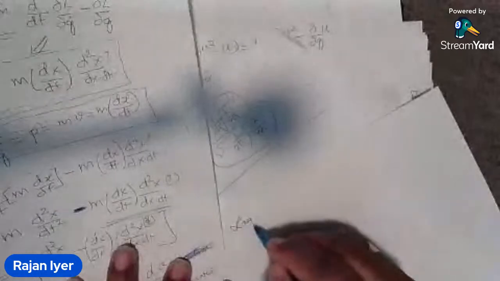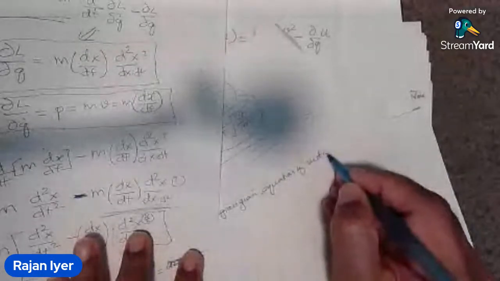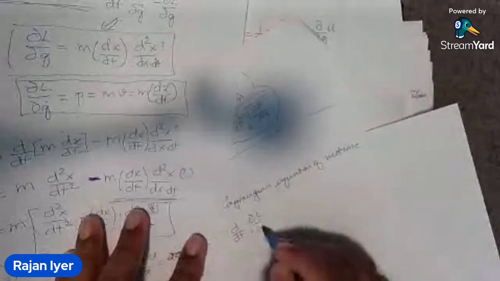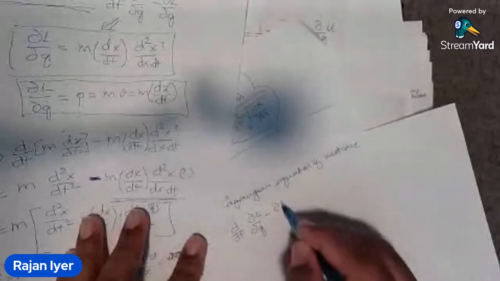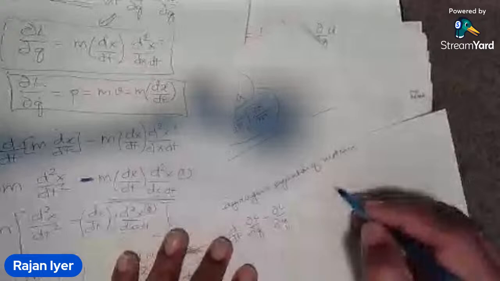So the final equation, I call it the Lagrangian equation of motion. I think once we figure it out, we can understand a little more about what they are doing there. It is d over dt of del L over del Q prime minus del L over del Q. Because the Q in this case is a velocity, we can use up to 4 dimensions.